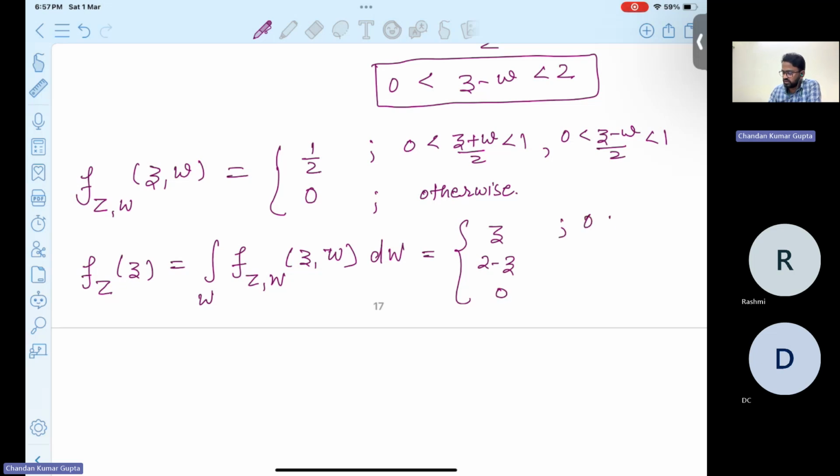Z applies when it lies within 0 to 1, 2 minus z when it lies within 1 to 2, and 0 otherwise. If you solve these, you will find the same answer.